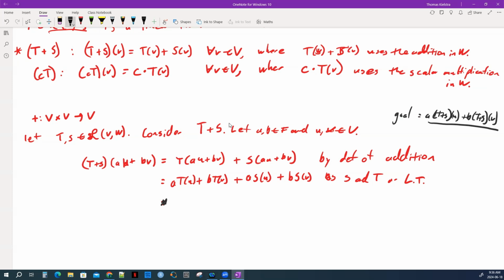Now I'm going to manipulate this expression. Feel free to start with the right-hand side and show that they both get to something that looks like this. So this equals aT of u plus aS of u plus bT of v plus bS of v, as vector addition in W is commutative.